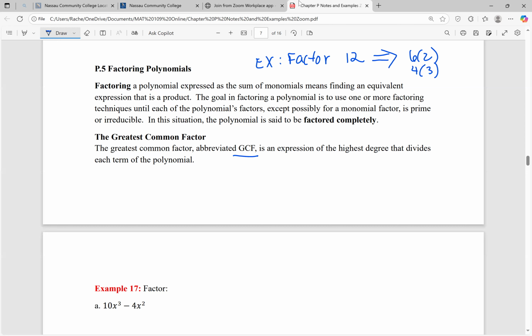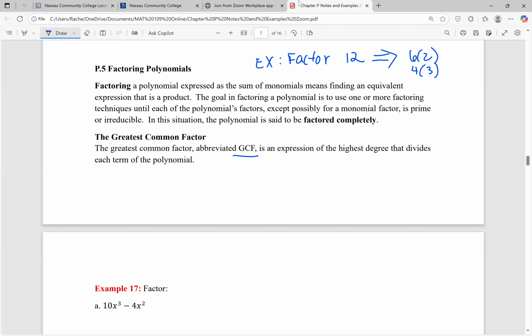The way we check that we factored correctly is we distribute. We multiply out, and we should get the polynomial expression that we started with. So let's check. 2 times x plus 2, if I distribute, we get 2x plus 4, which is what we started with.